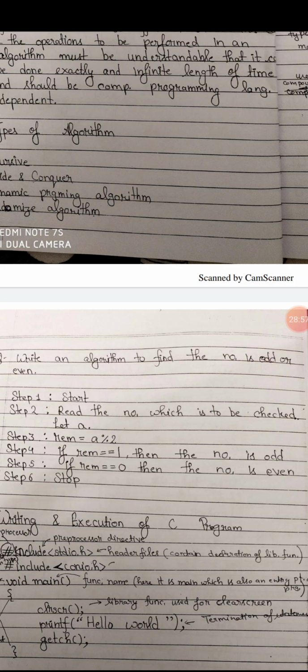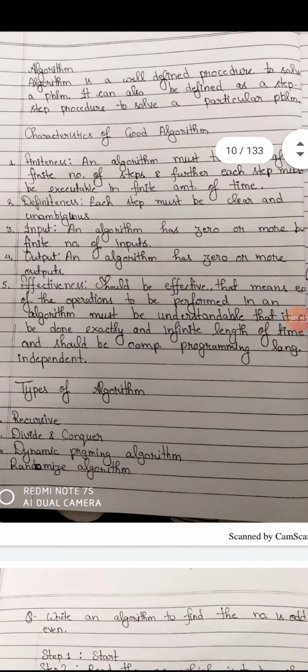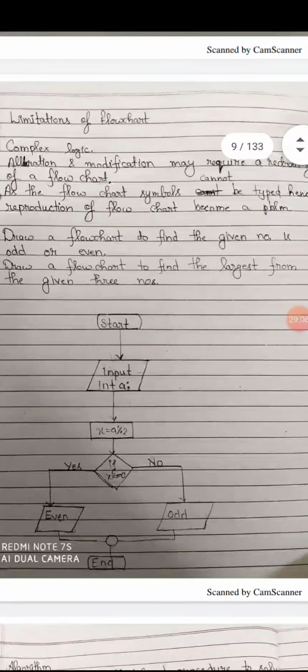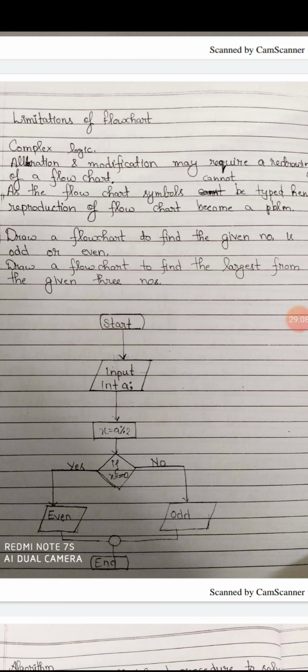So we must be very sure while writing an algorithm. Suppose we have one problem here: draw the flow chart. We can write an algorithm for this problem also. How can we write it? Again we take the input, 3 inputs, we compare those 3 inputs, and after that we come to some solutions.